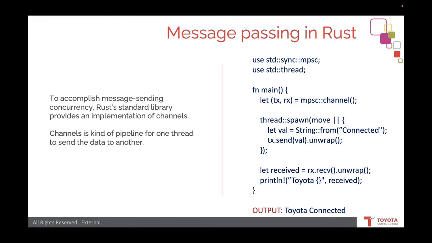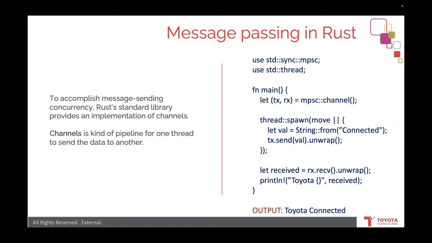Here we use the MPSC crate, and we spawn one thread, and in that thread we create a message, connected, and we transfer that message to the main thread from the child thread.